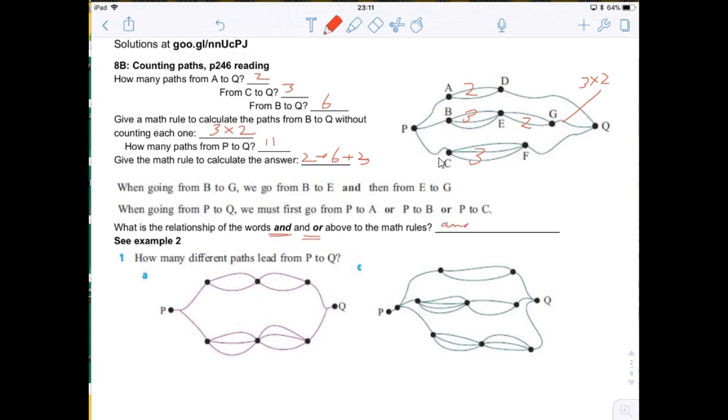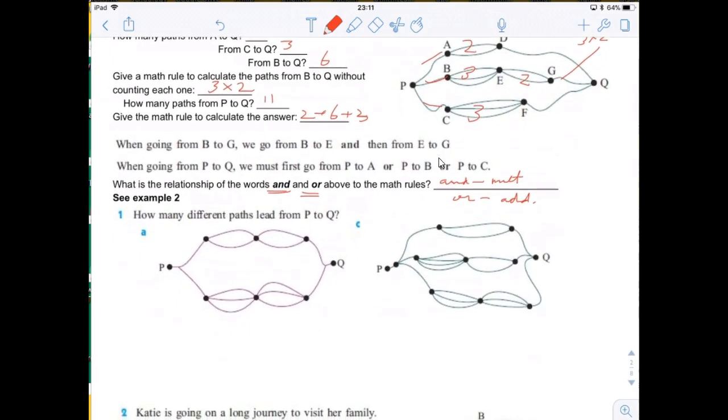So if we say and, then we're going to do multiplication. And if we say or, like A or B or C, then we're going to do addition to find the total number of paths. Okay, 1A, how many different paths lead from P to Q?